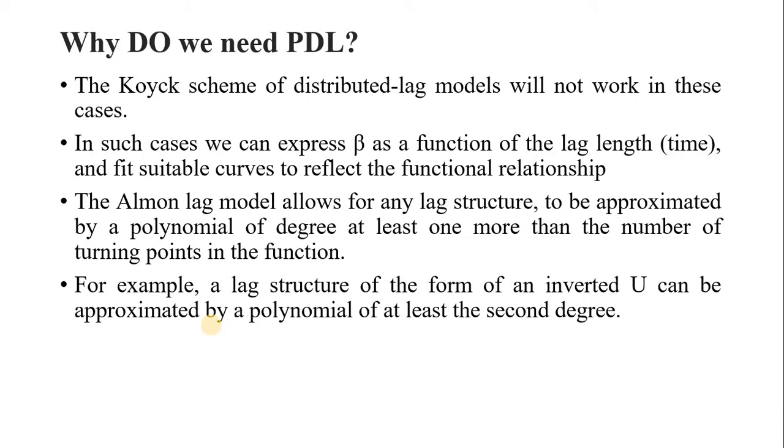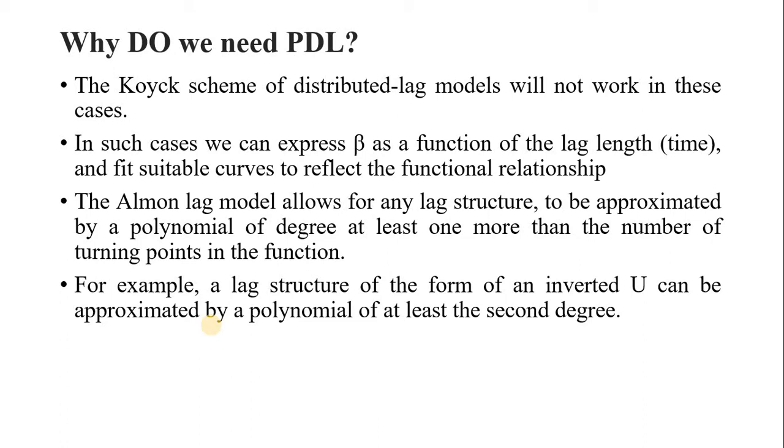What are these turning points? For example, suppose we understand that beta and the lag length have a U-shaped or inverted U-shaped relationship. In an inverted U-shaped relationship, how many turning points are there? There is only one turning point.